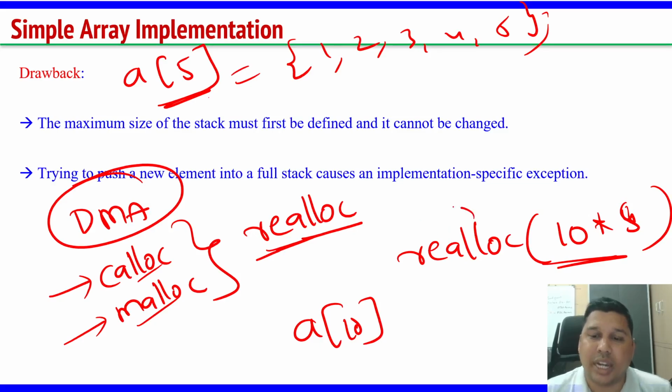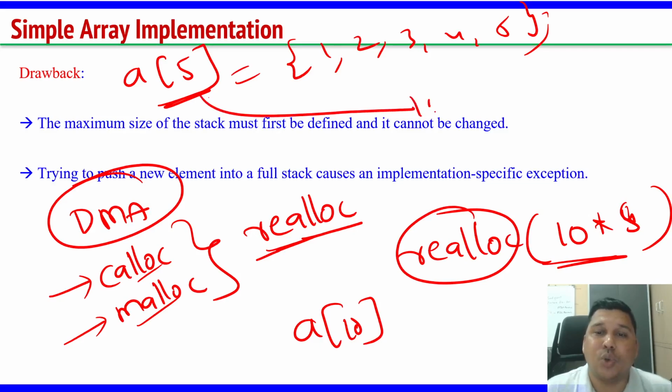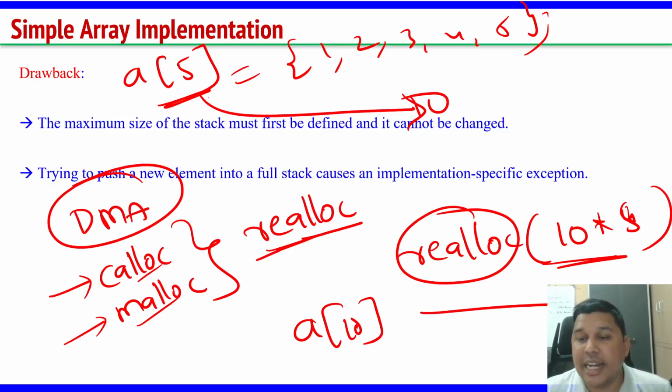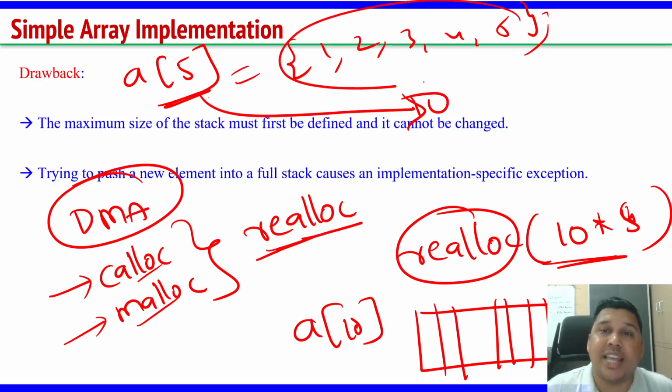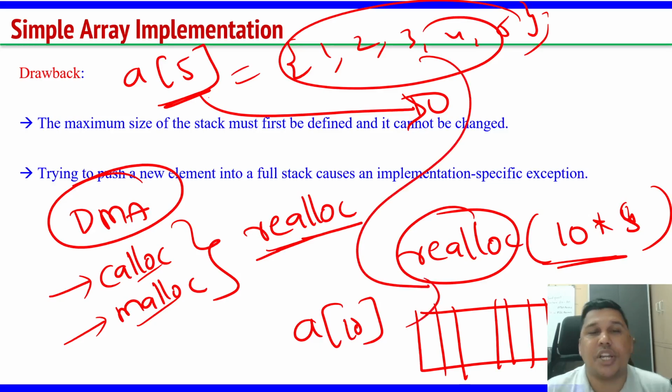So I will be using realloc in between the program, and I will be extending the size from 5 to 10. After extending this, it will be a new memory allocation of 10 elements. And you have to copy all these elements from there to here and continue inserting in this location.